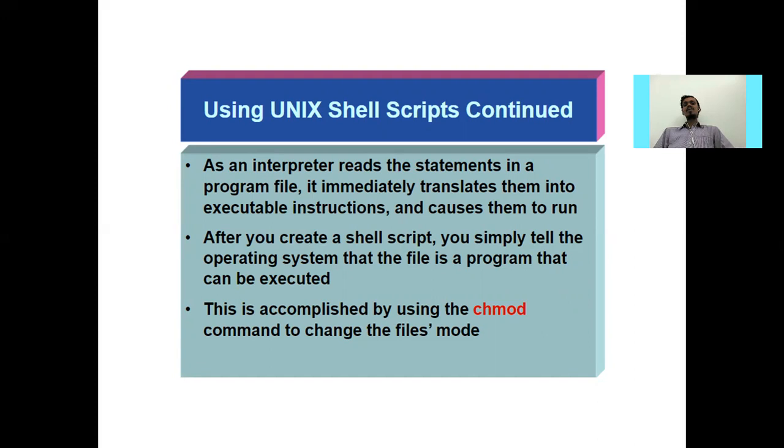The extension of the executable file is .sh, and this is accomplished by using the chmod command. The chmod command gives the permission to execute the program file on the Unix operating system.